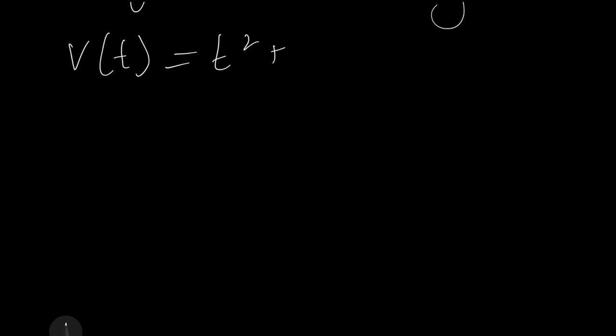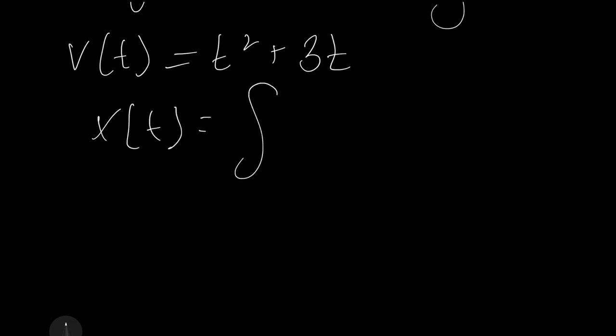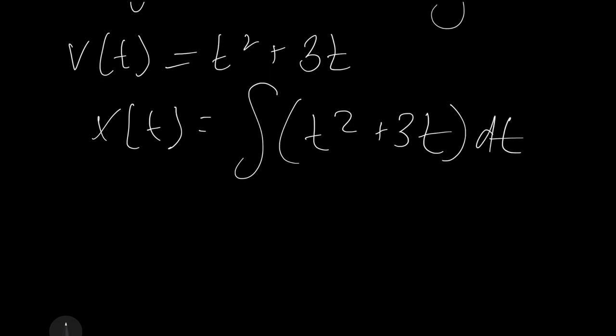Now, if you're given a velocity function, this should be t squared plus 3t. Now, if you wanted to find the displacement, you would integrate this function. So x of t equals the integral of t squared plus 3t dt.